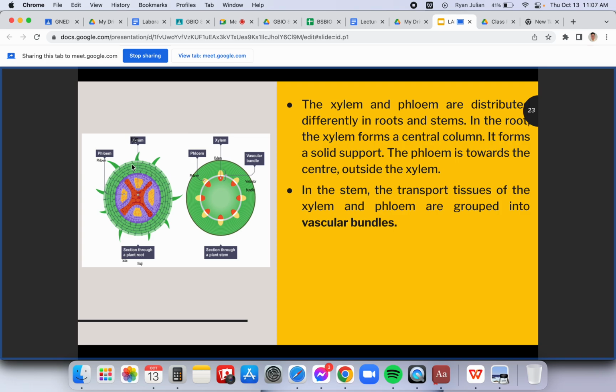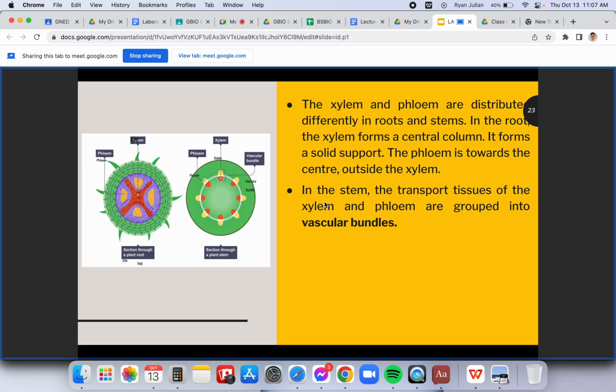This is exemplified by this cross section that you have on your screen right now. And again, this is the central column that we have here, wherein the yellow structure that you are seeing scattered on each xylem is what we call the phloem. It forms a solid support. The phloem is towards the center, outside the xylem.